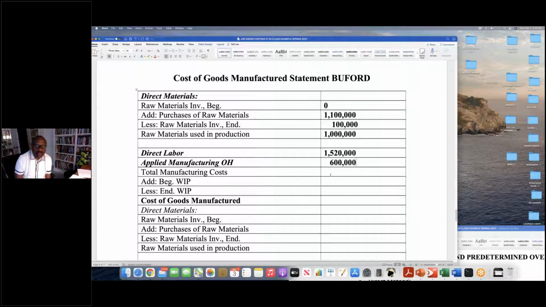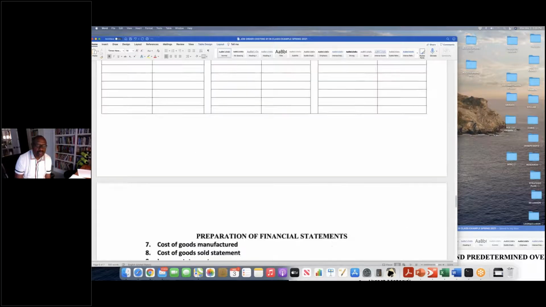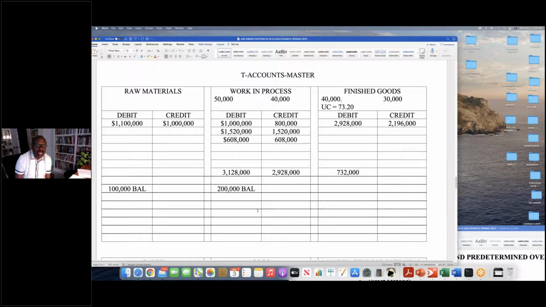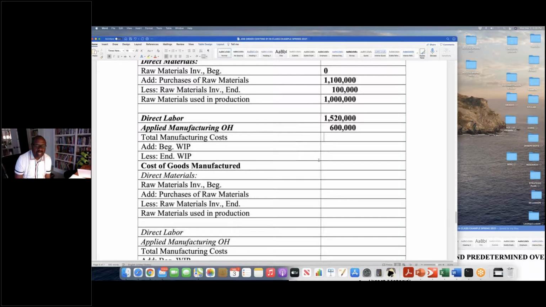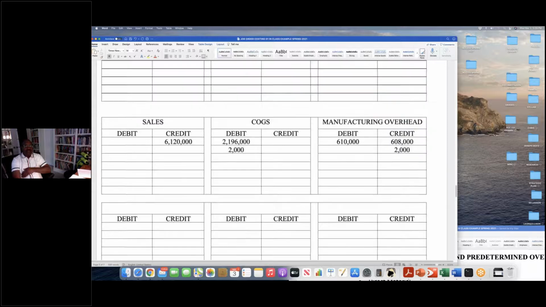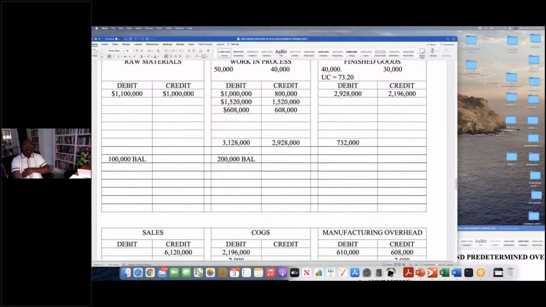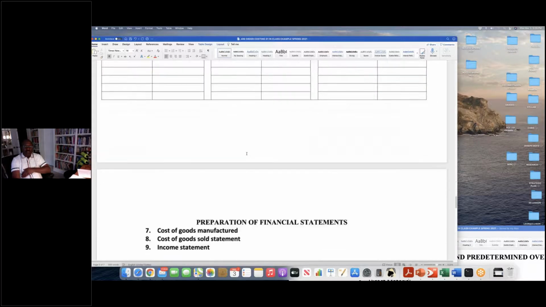So our total manufacturing cost, and we had it over here, was what? 3,128,000. So we're just flipping up from those T accounts and getting the cost out, okay? Then the ending balance was 200,000.